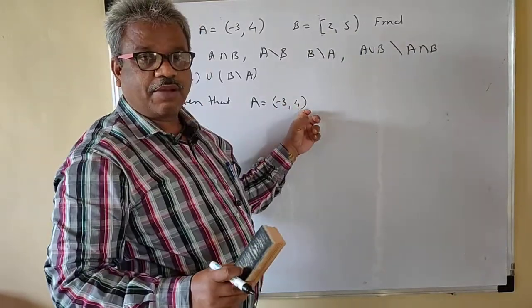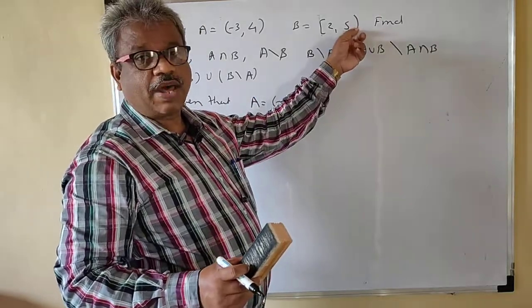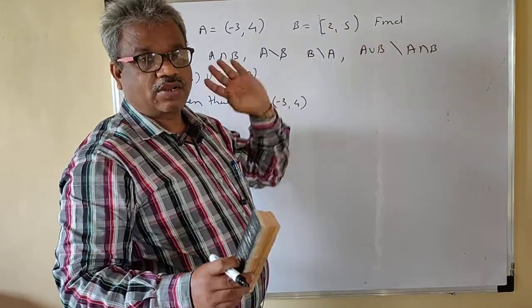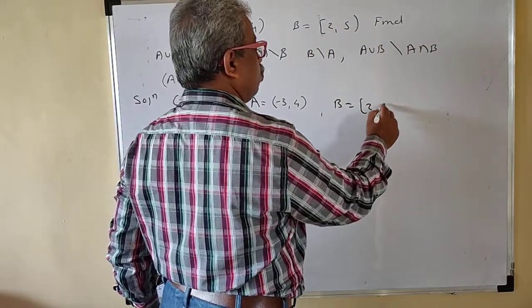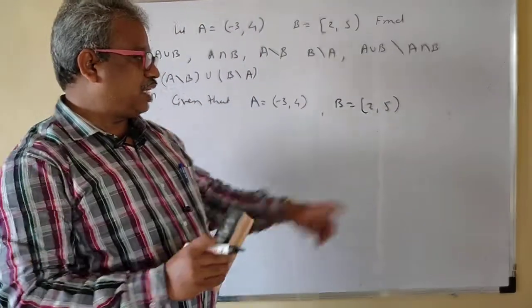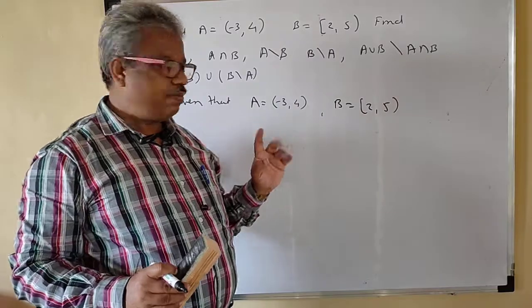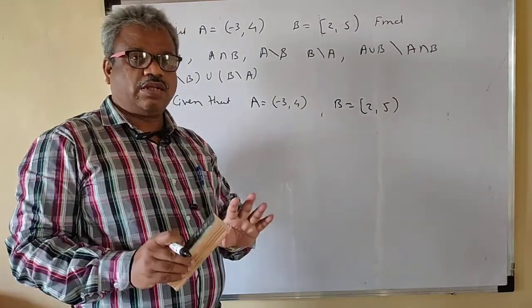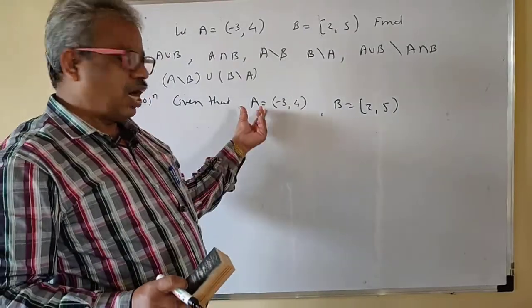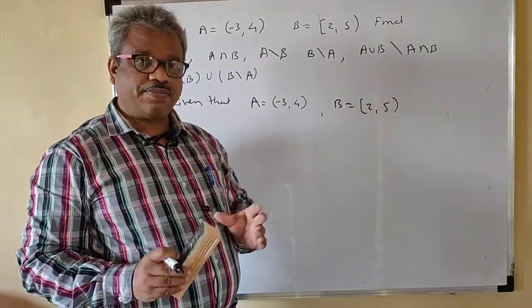That means minus 3 and 4 are not part of the set A, 5 is not a part of the set B, and 2 is a part of the set B. So 2 is an element of B, but 5 is not an element of B. Also minus 3 and 4 are not elements of A, but all the numbers lying between minus 3 and 4 are members of A, and all the elements lying between 2 and 5 are members of B.